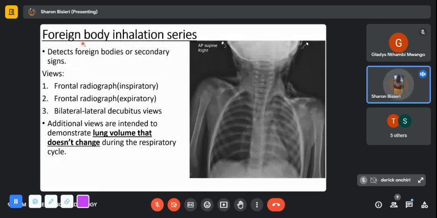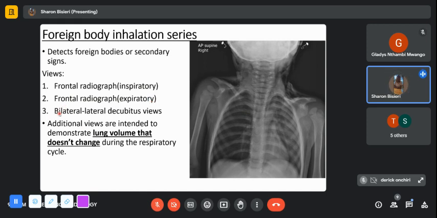Then now we look specifically into the foreign body inhalational series. In this series of images, what we'll need are these three views, of which the third has two views. So first, you want a frontal radiograph that is inspiratory. Then second, a frontal radiograph that's expiratory. In both of these, you want to look at the volume of the lung and whether it's changing or not. In this case, the one that has the obstructing foreign body, it will not change.